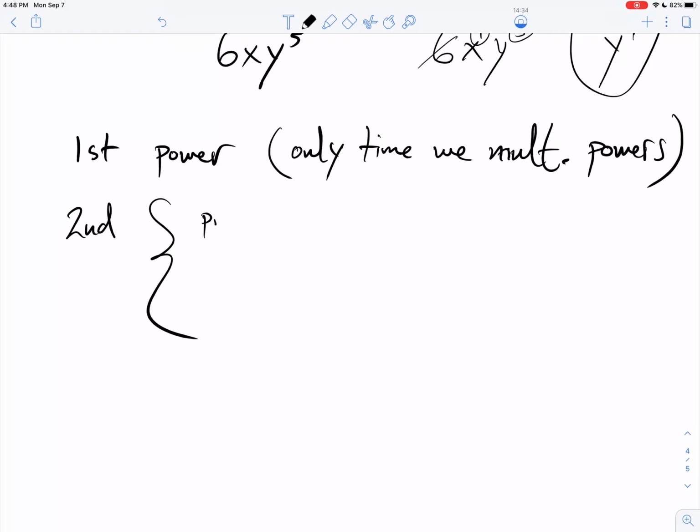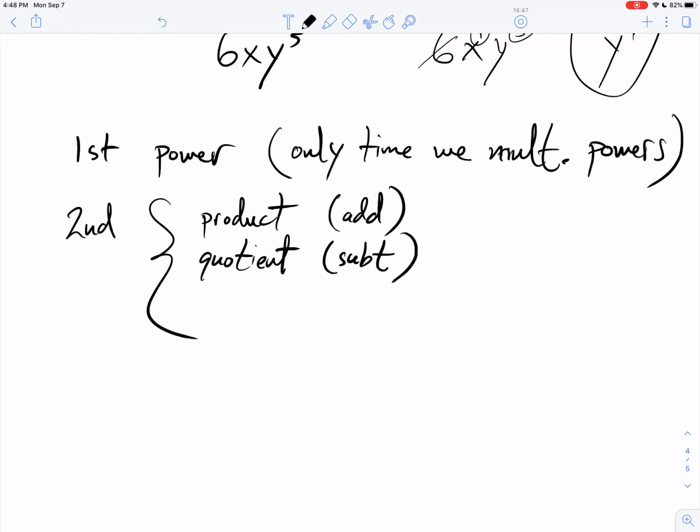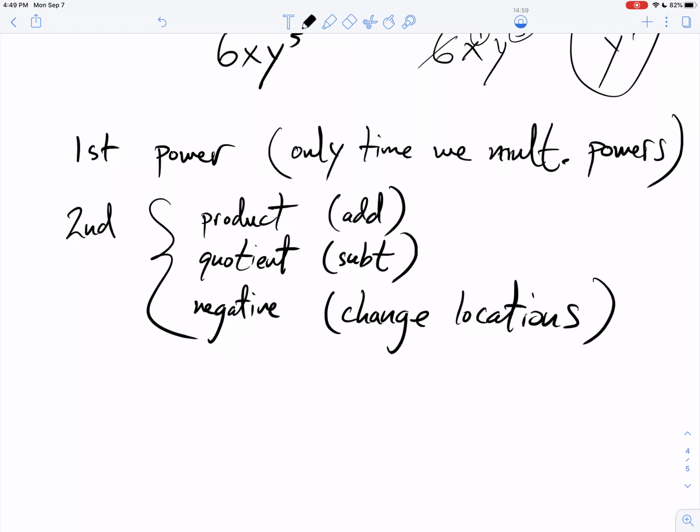It could be the product rule. That's when we add. It could be the quotient, and that's when we would subtract. And then the last one is negative exponents. That's when we change locations.